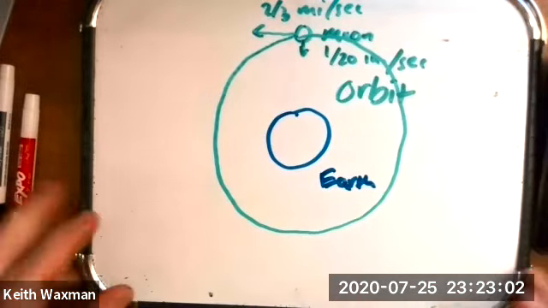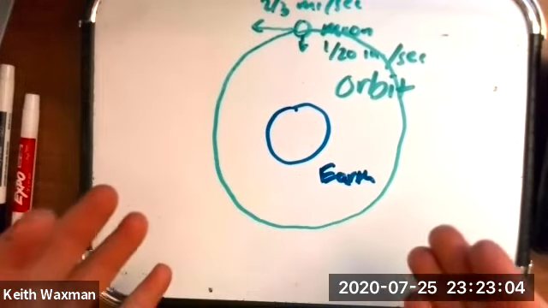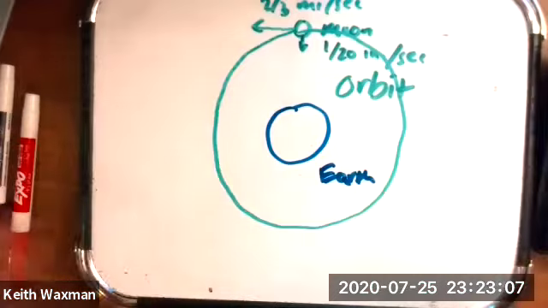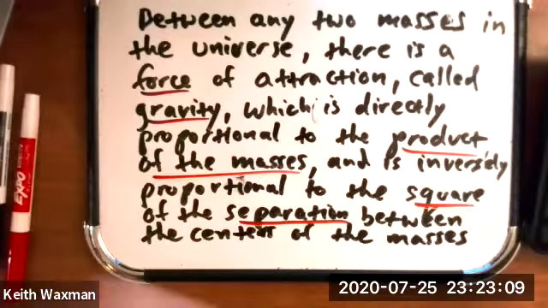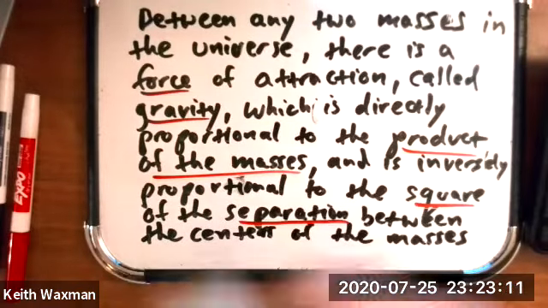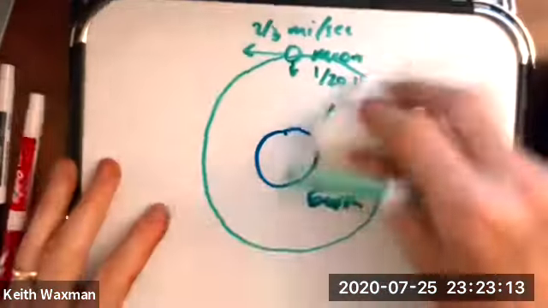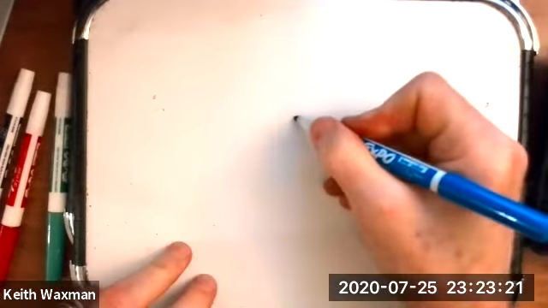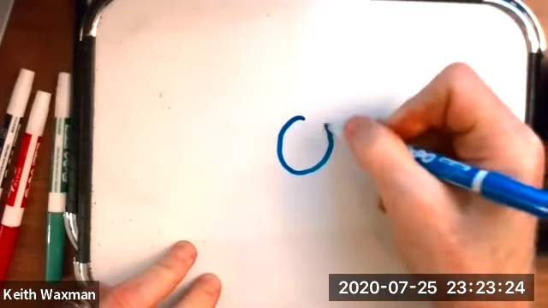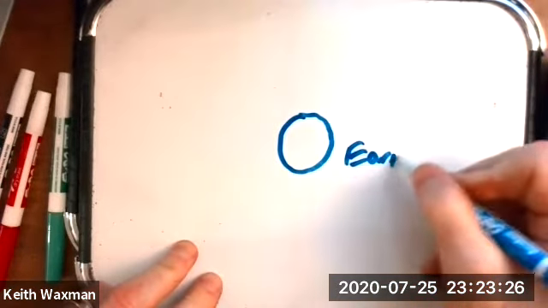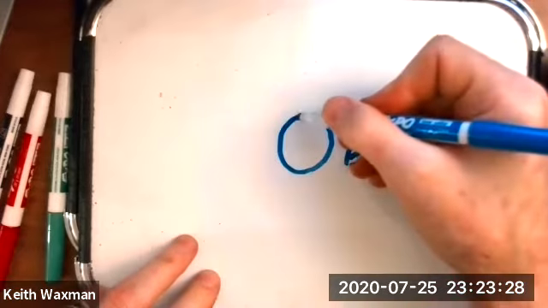Another way to see this, I'll show you another way. So this is what Newton was thinking about, the moon, and he's exactly right. Here's another way to think about it. Let's think about the Earth, and let's have a mountain again.